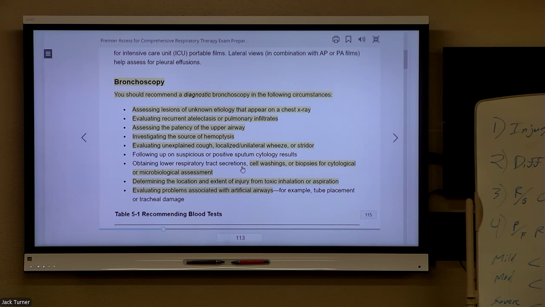If somebody has been in a house fire and they have singed nose hairs, you may want to look down there and see, are there burns in the back of the throat and the trachea? Because if there are, we may need to intubate this person pretty soon before it swells shut, right? Or if somebody was mixing bleach and ammonia in the bathroom and it made chlorine gas and they inhaled that, we want to look at the type of damage. And so that's just assessing the upper airway.